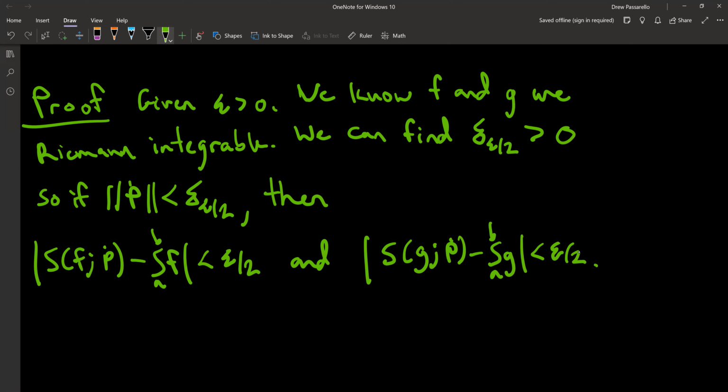All right, so that's based on our assumption that f and g are Riemann integrable. So find this delta that produces this.